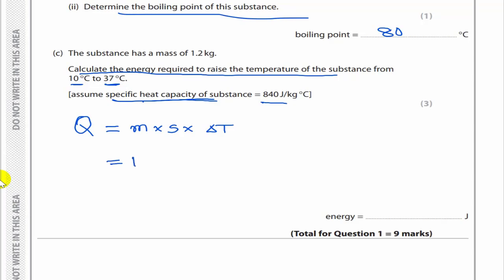Here mass 1.2 kg, specific heat capacity 840 joule per kg, and temperature change 37 minus 10. So the answer will be 27,000 joule.